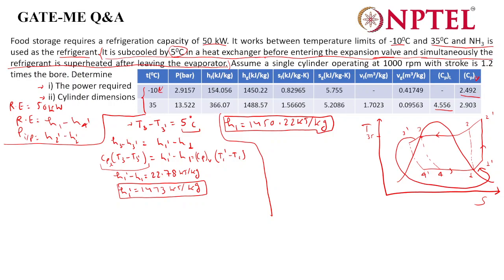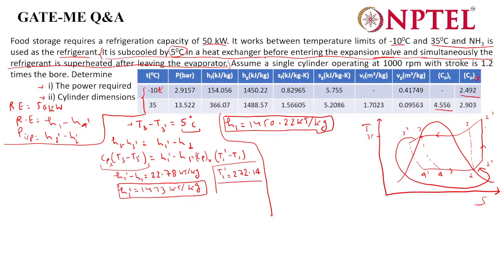So what is the T1 dash from here? 272.14. What is 272? 0.14. I think it should be different. Is it the same for others? Yes, sir. Okay. So this is the T1 dash.